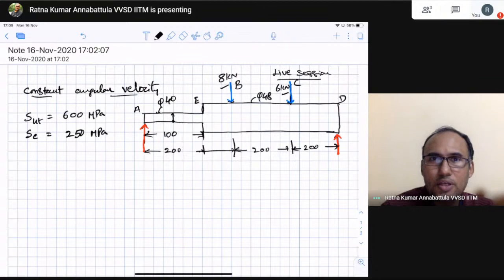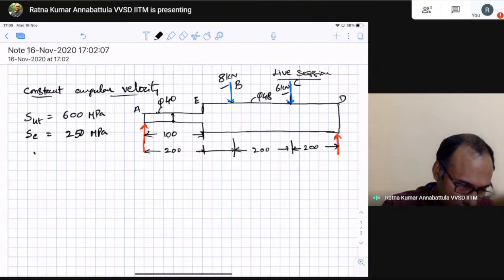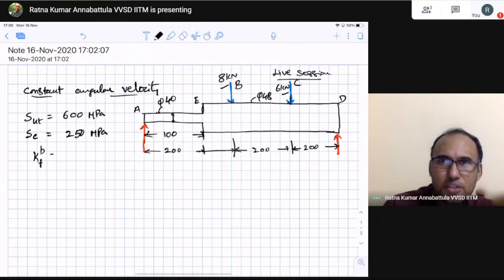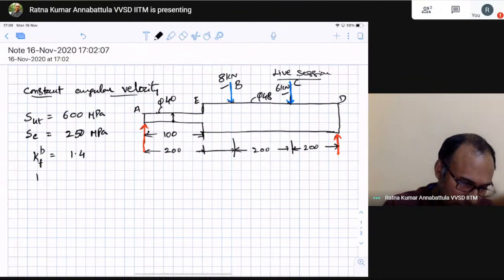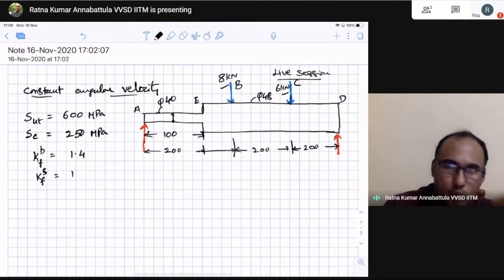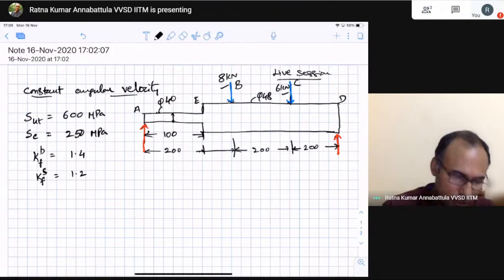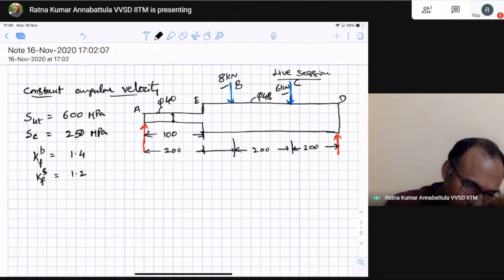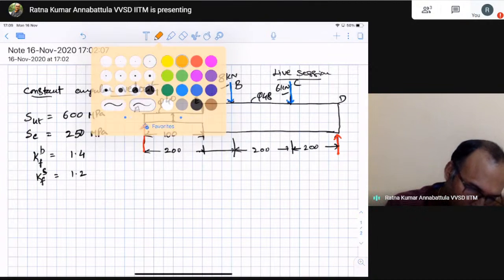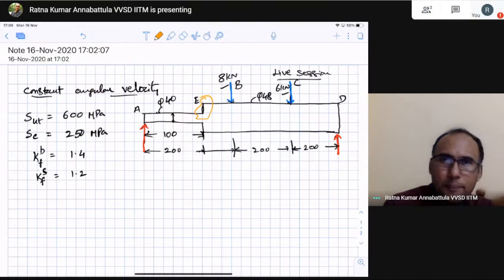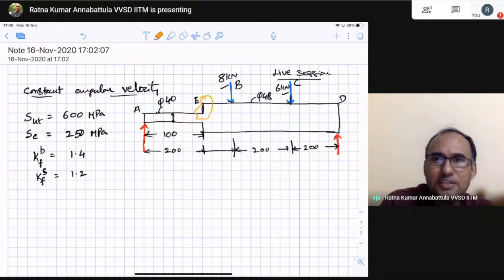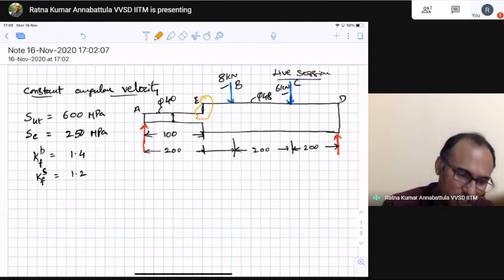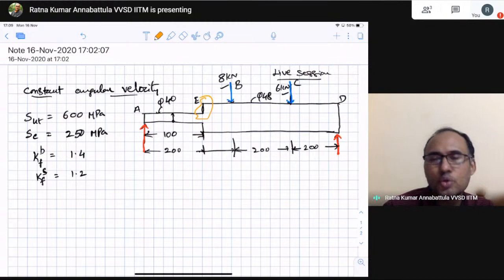The fatigue stress concentration factor in bending is given as 1.4, and the fatigue stress concentration factor in shearing is 1.2. These two factors are given for this region because you have a stepper shaft, a change in geometry, so you expect some stress concentration there. Instead of estimating these values, they are already given.